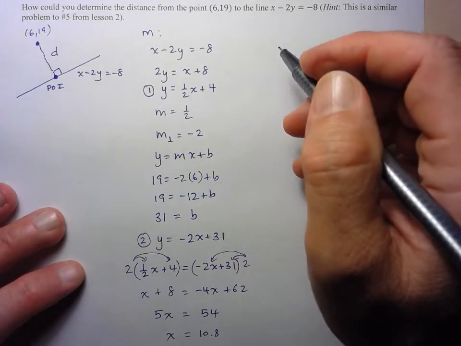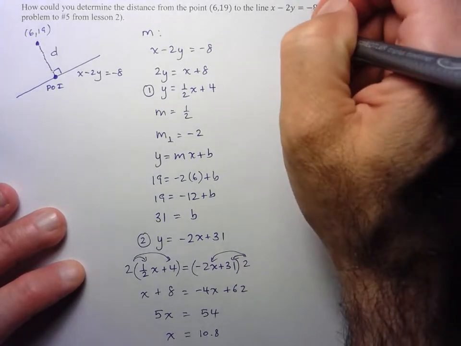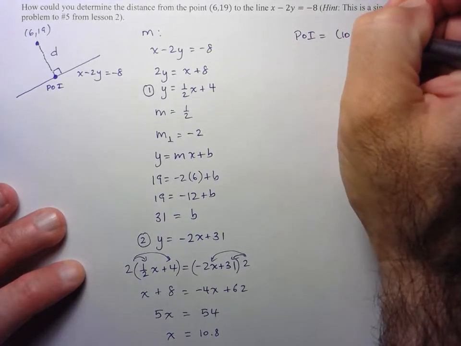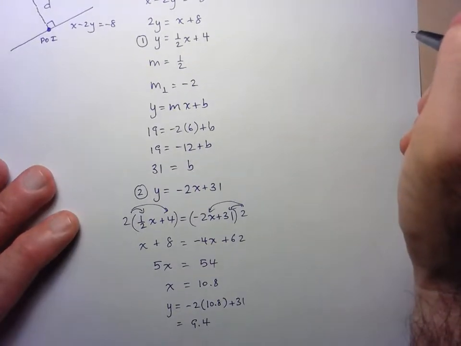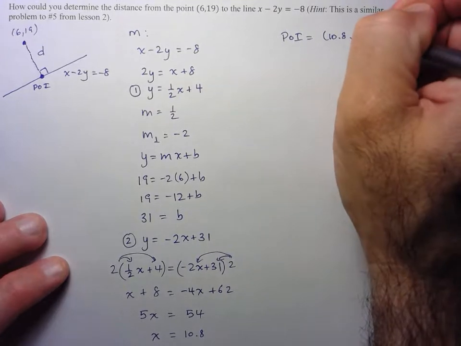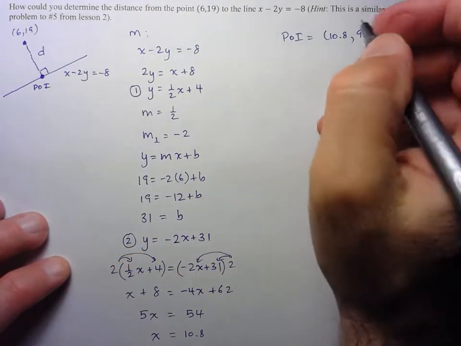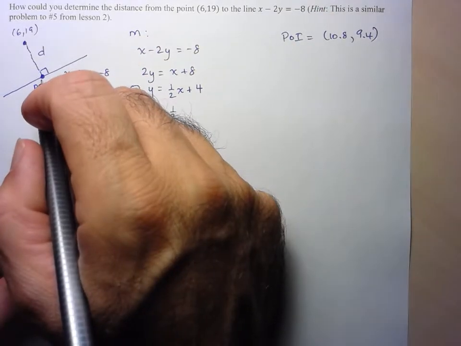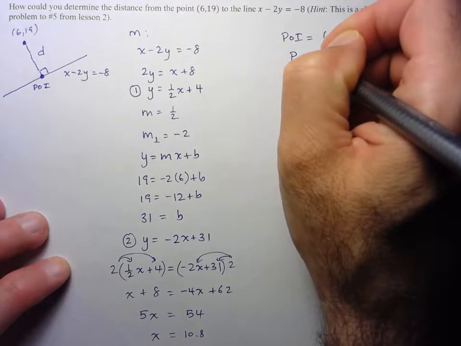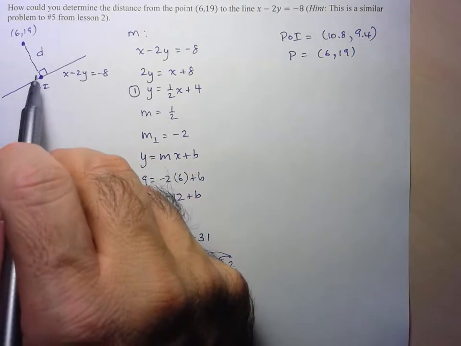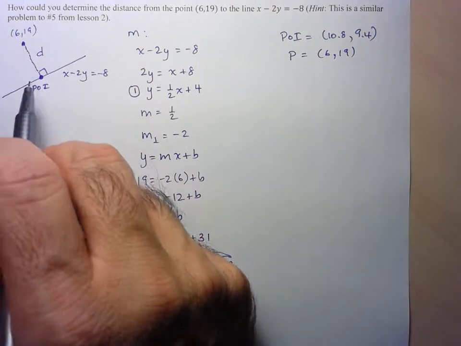Okay, so I'm going to move up to this other column here. So now we have that our point of intersection is equal to x was 10.8 and y was 9.4. Okay, and so now we found that thing that we needed, the point of intersection, because now I have the given point of 6, 19, and so the distance is just defined as the distance between these 2 points.